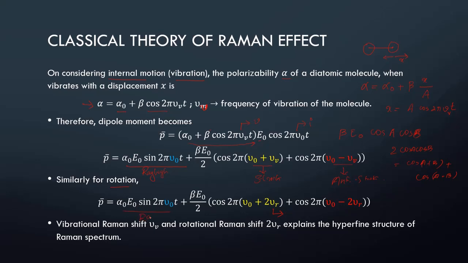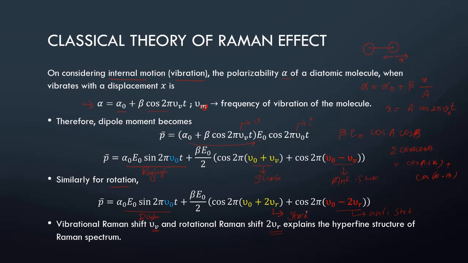Here we get the Rayleigh scattering, and also this term gives us the Stokes lines, and this term gives us the anti-Stokes lines. Here nu v is the vibrational Raman shift, and 2 nu r explains the rotational Raman shift.